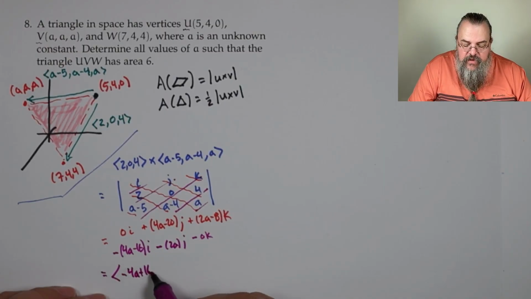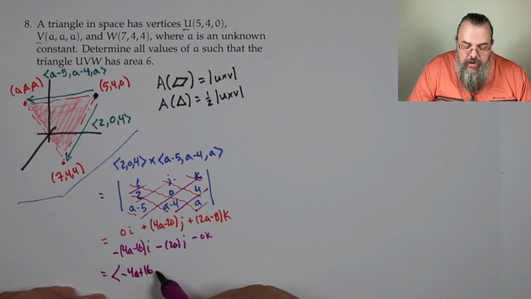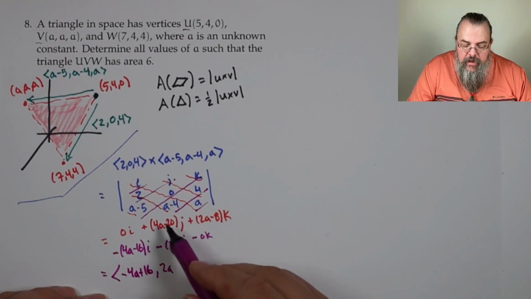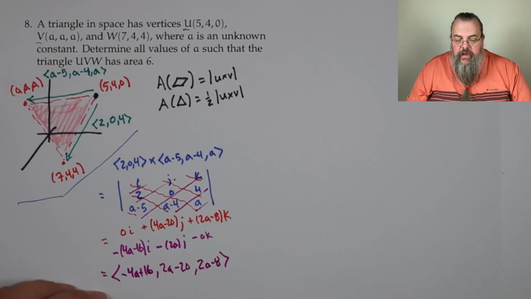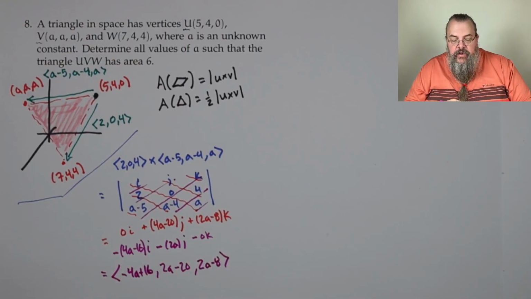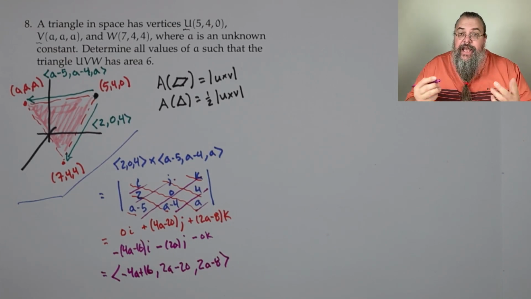Okay, giving us our vector, we have minus 4A plus 16. That's the first slot. And here, 4A minus 2A would be 2A, and then we have minus 20. And then our last slot is 2A minus 8. It doesn't hurt to do a check.